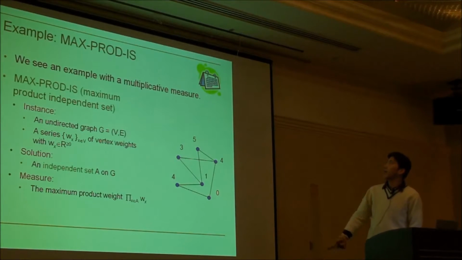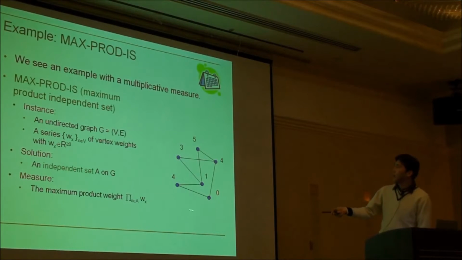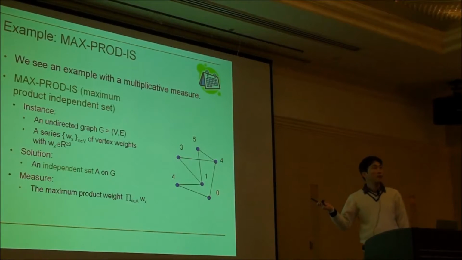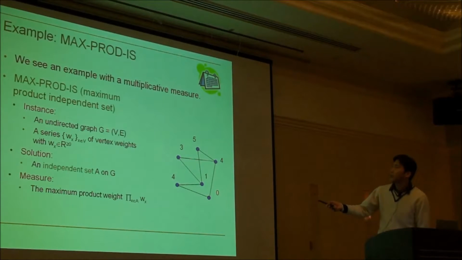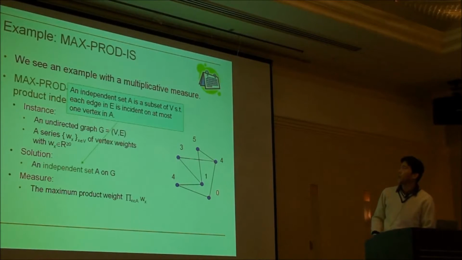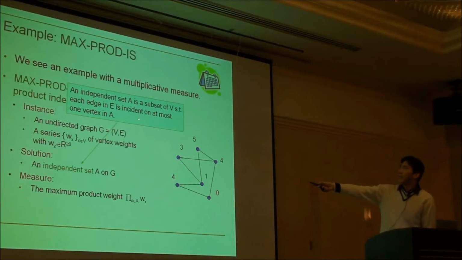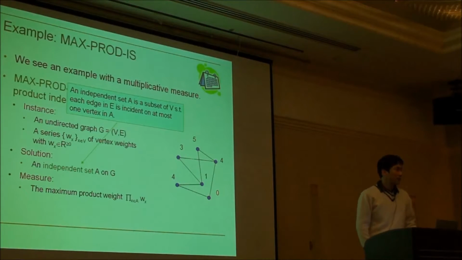Here is one very quick example: max prod IS, the maximum product independent set. The given instance is an undirected graph, and to each vertex we assign a non-negative real number. We try to find an independent set. An independent set is a subset of V, the total vertex set, such that each edge is incident on at most one vertex.